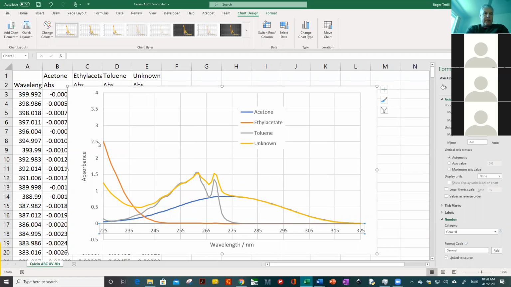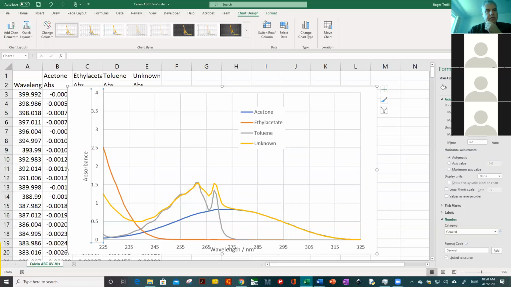Say, no, we don't really care about these data. Now let me modify this value here and make it go from 0, which is the minimum physical value, to 2.5.